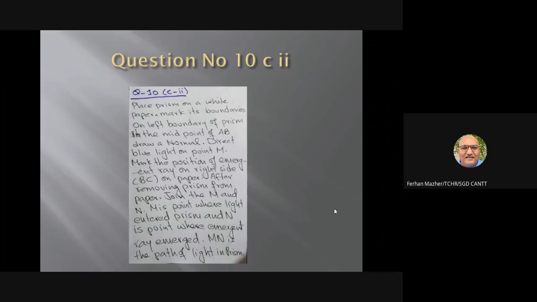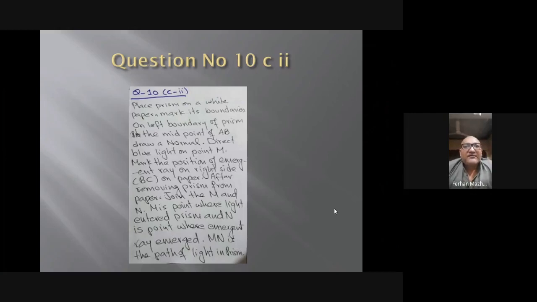Place prism on a white paper. Mark its boundaries. On the left boundary of the prism, at the midpoint of AB, the left side, draw a normal. Direct blue light on the point M. Mark the position of the emergent ray on the right side, which is BC, on the paper.